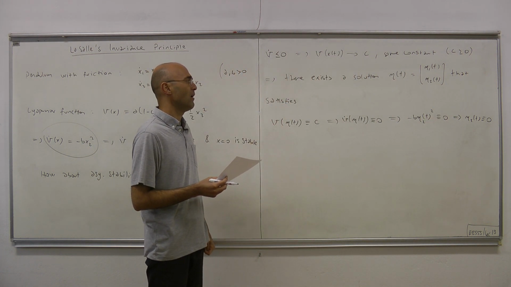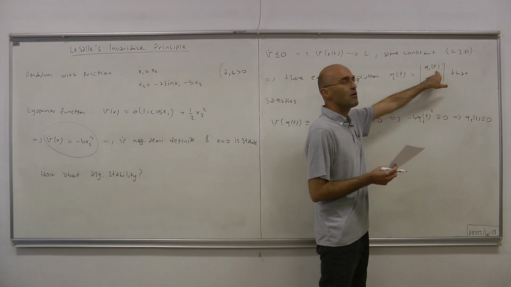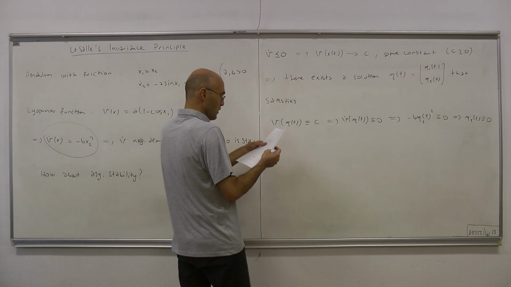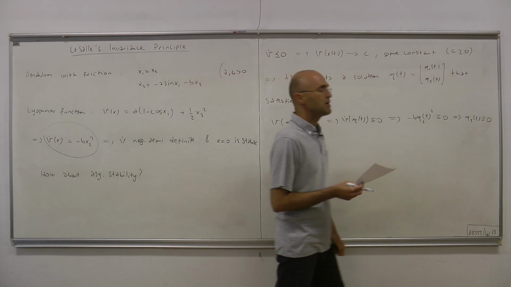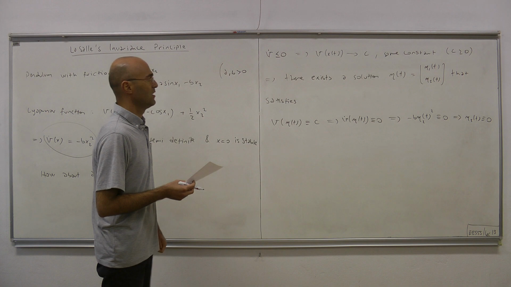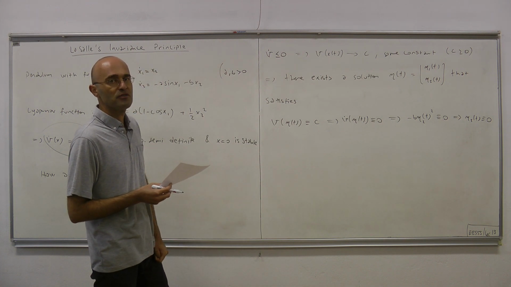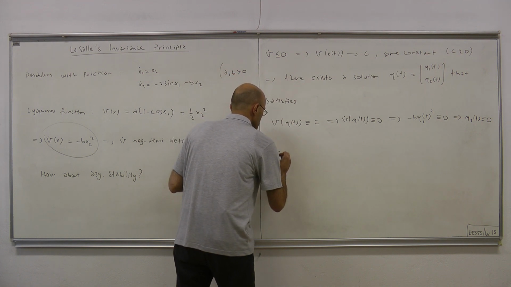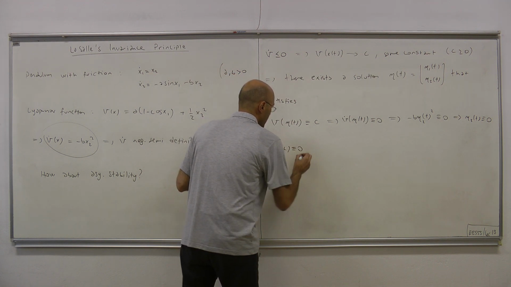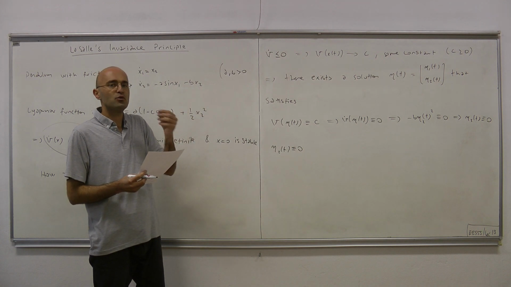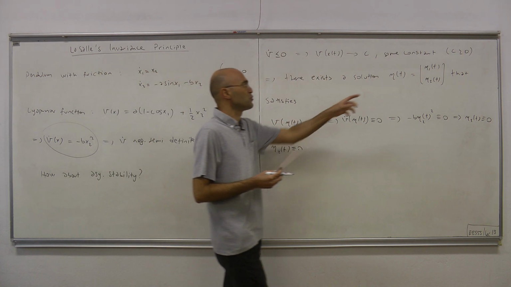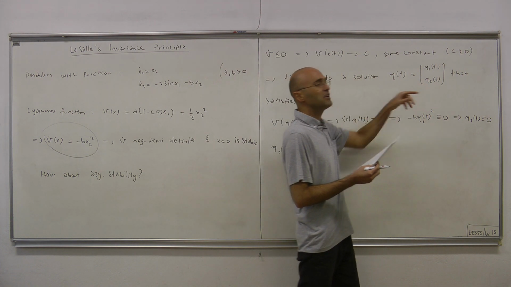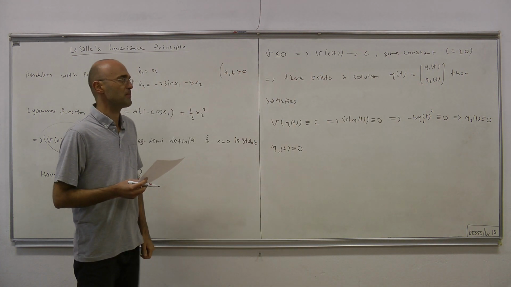Now, how about eta 1? What can we say about eta 1? Once you have figured out that eta 2 of t must be zero, it's clear what eta 1 of t should do. We're now trying to identify a solution, which we're denoting eta of t, for which the second component is identically zero for all times.